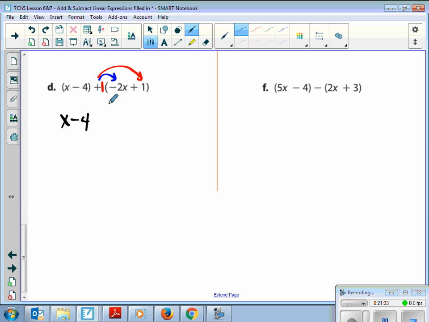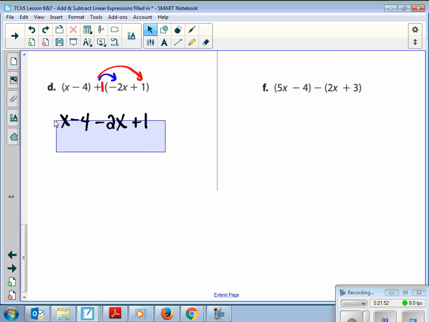Positive times a negative is a negative, right? So positive 1 times a negative 2x is a negative 2x. You see that? And then over here, a positive 1 times a positive 1 is just plus 1.